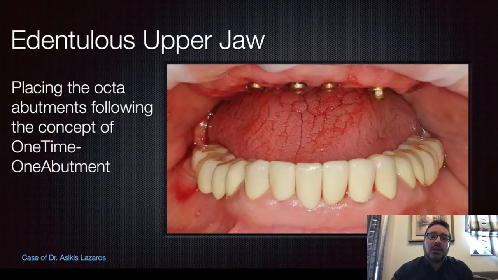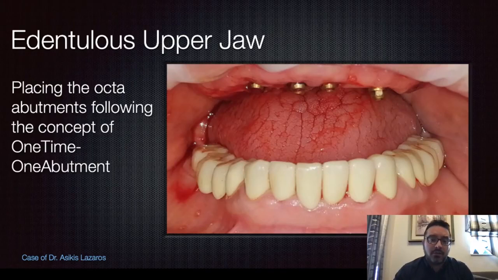So probably the dentist will leave it as it is, or he has to change it in the second phase when he puts the final prosthetics in the mouth.